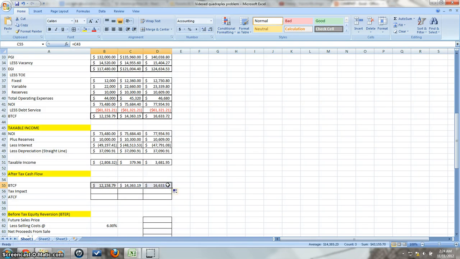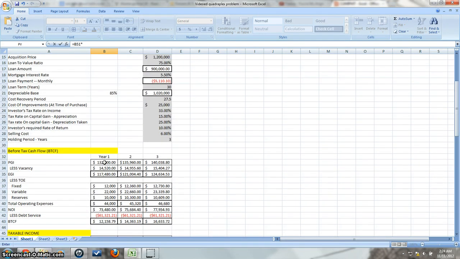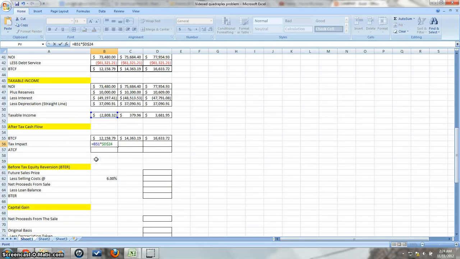So let's do this. The tax impact is typically a simple enough equation of the taxable income times the investor's tax rate on income, and make that value absolute, and there you go.